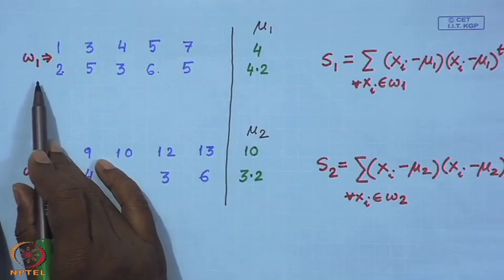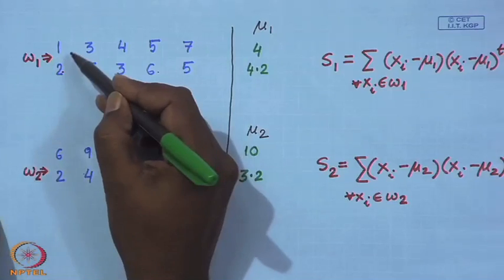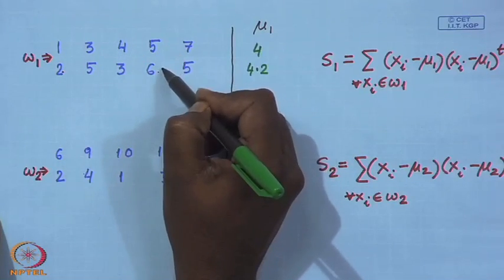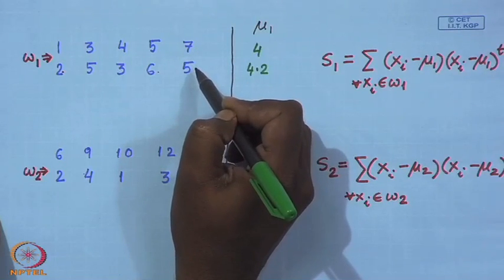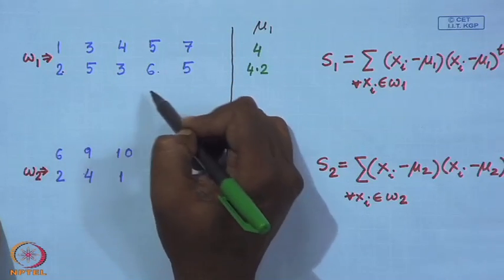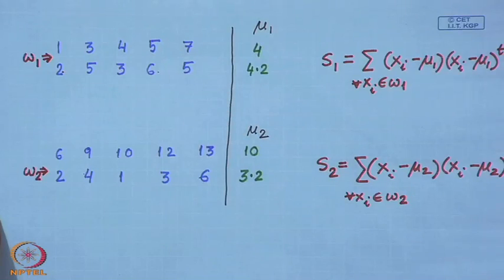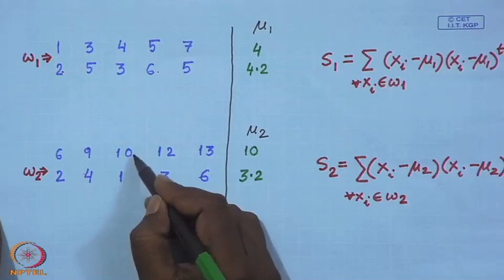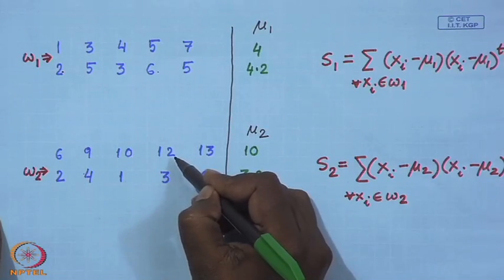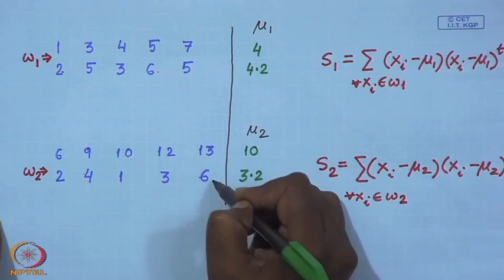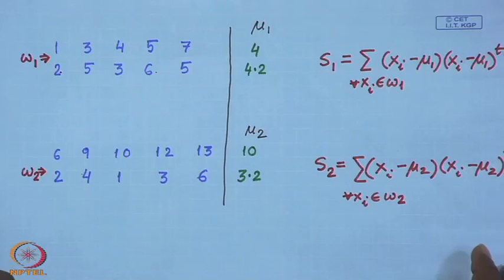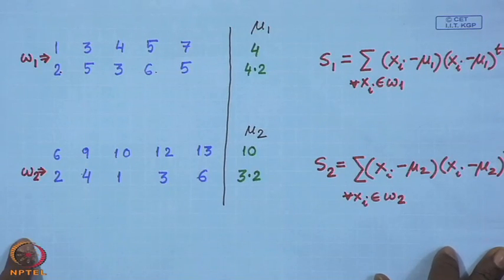The feature vectors which belong to class omega 1 are (1, 2), (3, 5), (4, 3), (5, 6) and (7, 5). So, these are the 5 feature vectors taken from class omega 1. Similarly, (6, 2), (9, 4), (10, 1), (12, 3) and (13, 6). These are the 5 feature vectors taken from class omega 2.